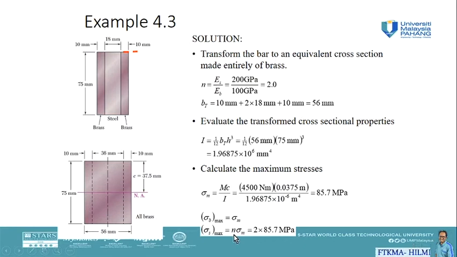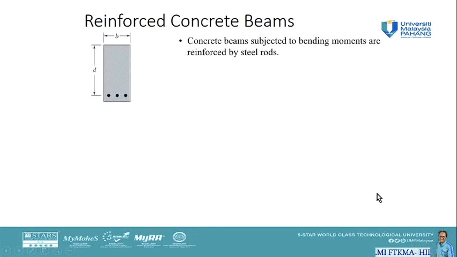So the value of n is 2 times 85.7 megapascal, and we are going to get the maximum stress for the steel is 171.4 megapascal, while the maximum stress for the brass is 85.7 megapascal, the same as the maximum stress of the transform section.